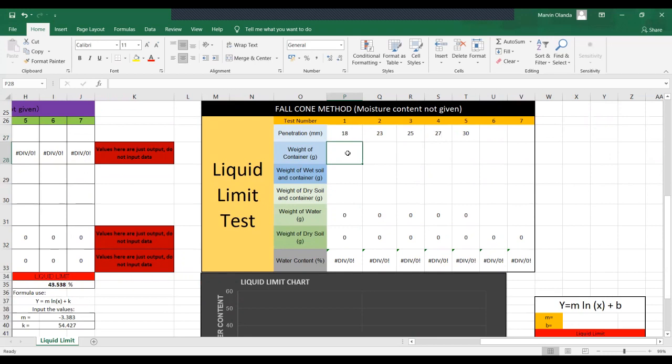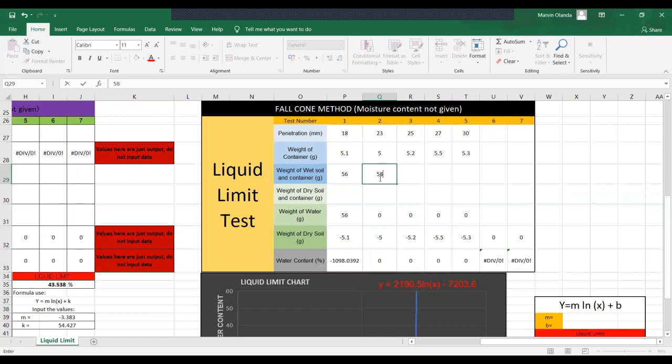Assume that the weight of the container is not uniform. So we have 5.1, 5.0, 5.2, 5.5, and 5.3. Let's say the weight of wet soil is 56 grams, 58 grams, 57 grams, 52 grams, and 50 grams.